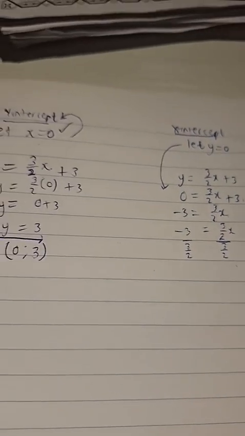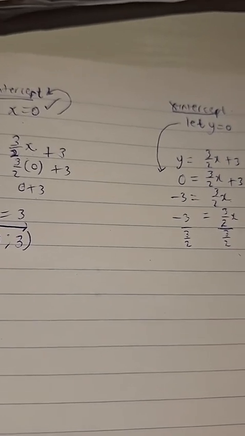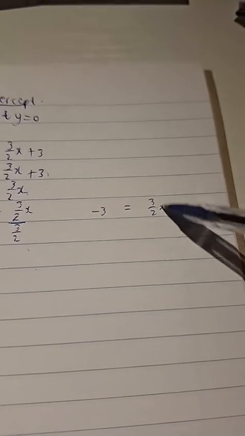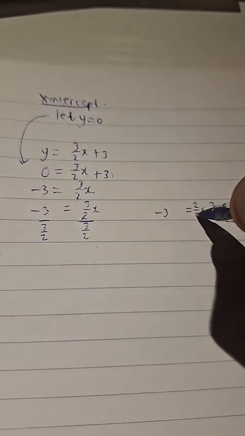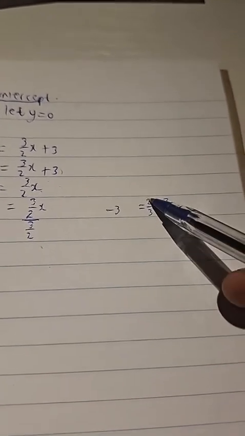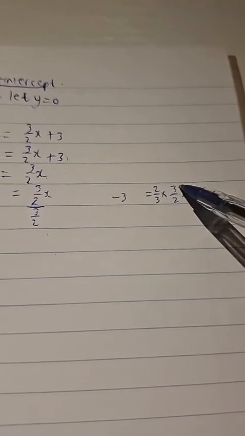That's one thing we can do. Or we could do this: we can also multiply both sides by 3/2's reciprocal, which is 2/3.